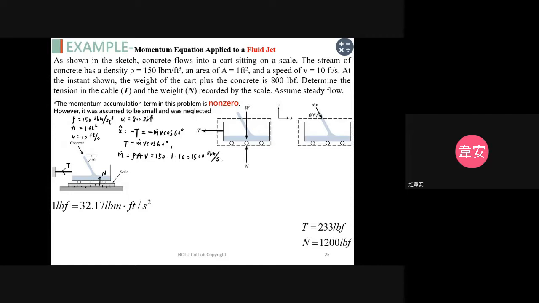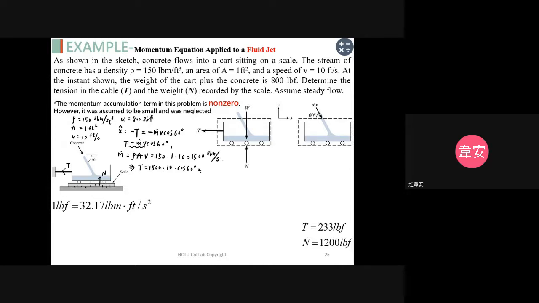We put the mass flow rate back into the equation. So the tension is equal to 1500 pound mass per second multiplied by 10 feet per second and multiplied by cosine 60 degrees.